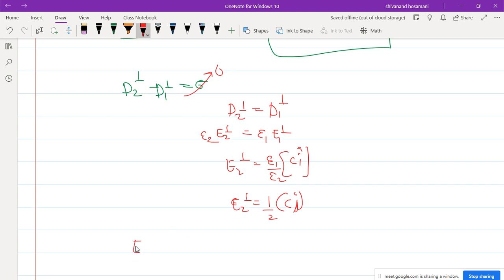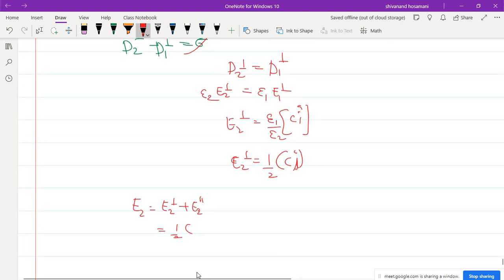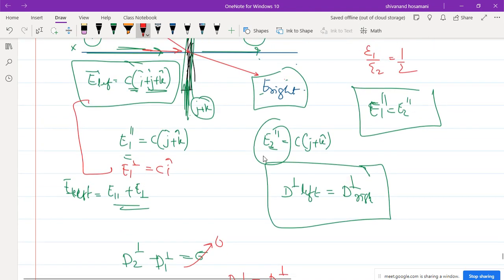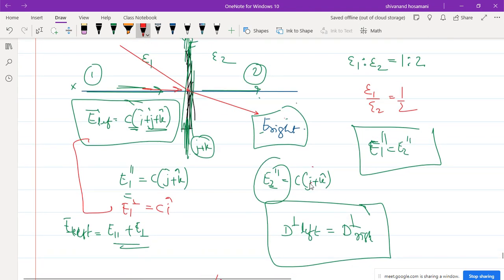Therefore total E2 is equal to E2 perpendicular component plus E2 parallel component. So what is the perpendicular component? 1 by 2 times C into I cap plus C into J cap plus K cap. ಯಾಕಂದ್ರೆ parallel components ಒಳಗೆ ಏನು ಚೇಂಜ್ ಆಗಿಲ್ರಿ. Parallel components ಒಳಗೆ ಸೇಮ್ ಅದ.